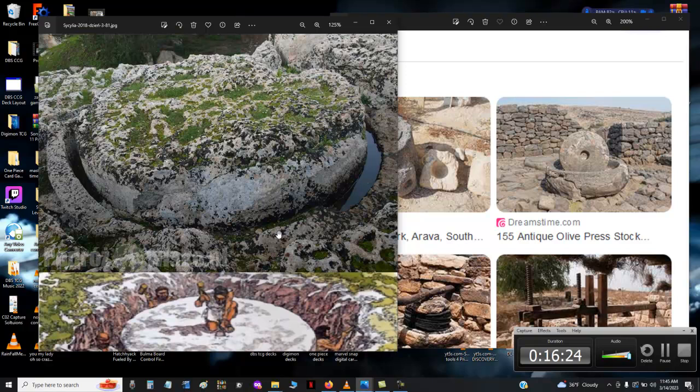So it looks like you can walk down the middle all the way to the bottom. So it looks like they're trying to create a stairway, a spiral staircase, basically, out of the rock, while cutting out the big core at the same time.